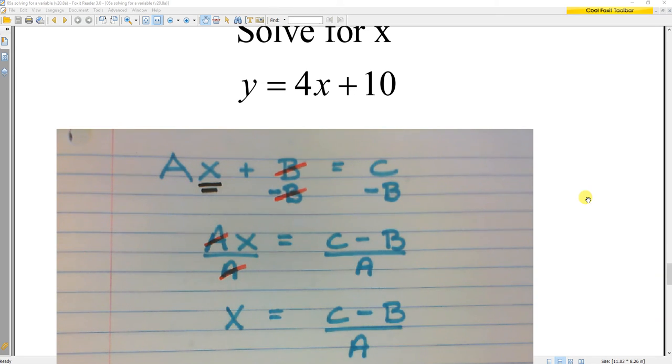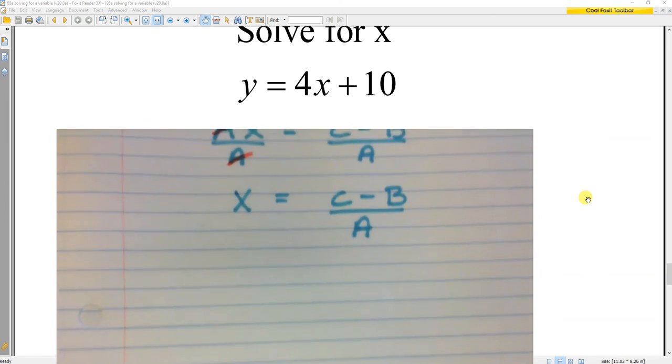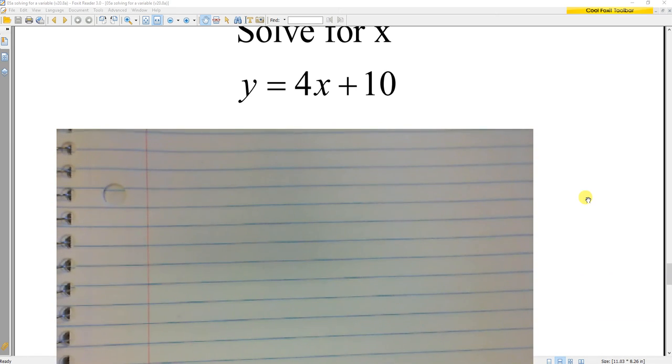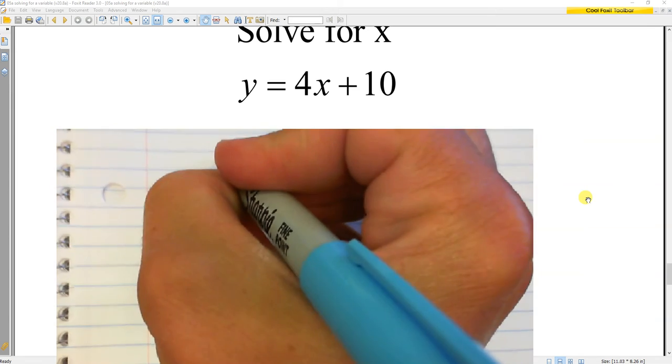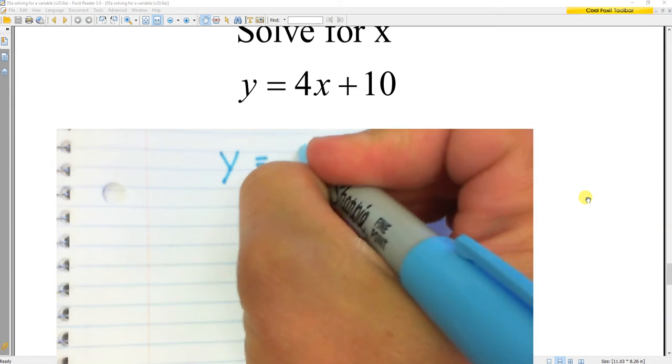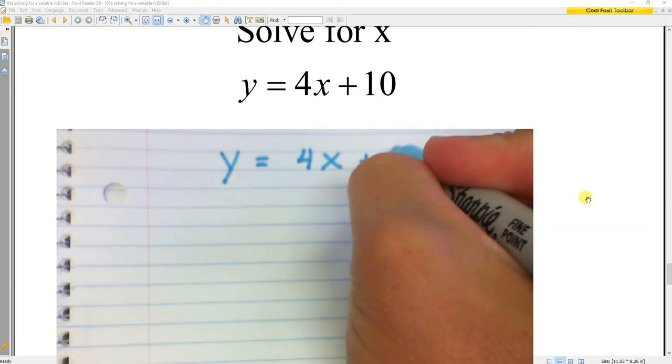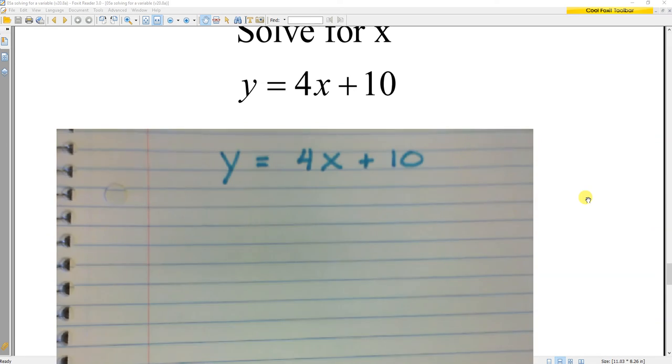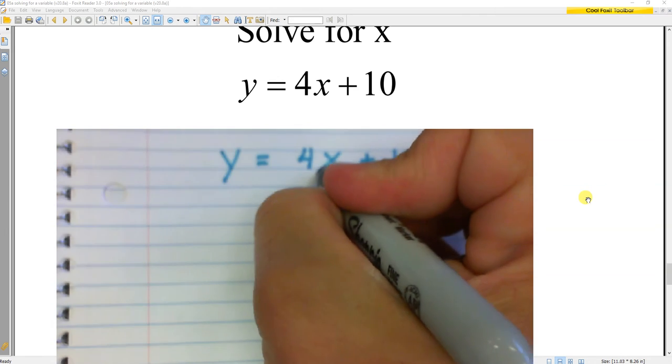Okay, let's do this one also in our notes. We're going to solve this for x. Don't trip out. There are numbers in it and variables. We can do this. We want to get the x all by itself. Who's bugging the x? The 4 and the 10.